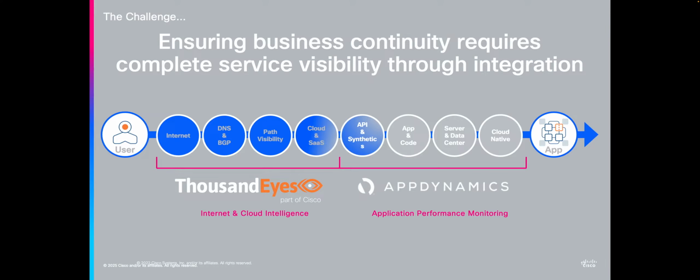You want to see the integration between the internet and cloud intelligence connecting to the application performance monitoring that you guys have known. And now, bringing this collection of tools together from Cisco, you're just going to get more and more insights. So now, if we look at this flow, you're going from the user, the internet, and then all the network information that you would need to know.